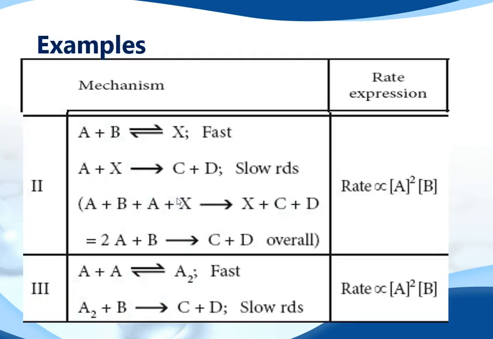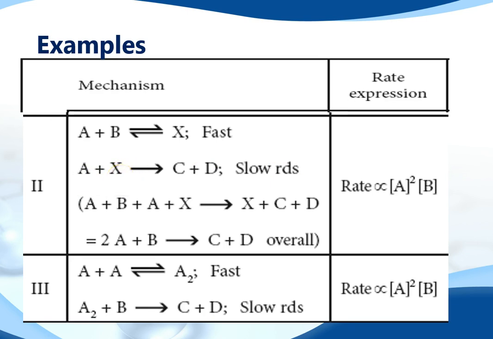Here's a couple of examples that I pulled from the web. Sorry about the quality of these, but there's two mechanisms on this slide. In this case, we're making X, and then we see X again in the slow RDS, rate determining step. So A to the first, X to the first is going to be my rate law expression for that step, but of course X is not found in my overall equation.